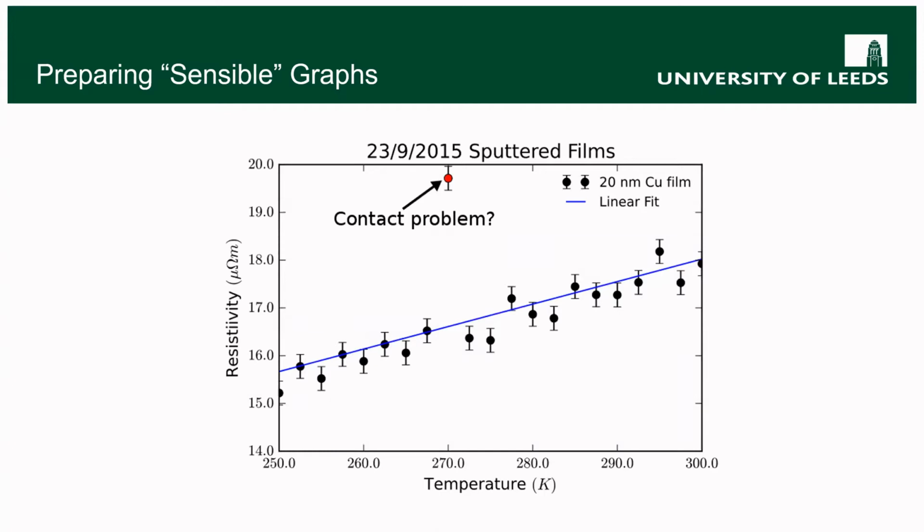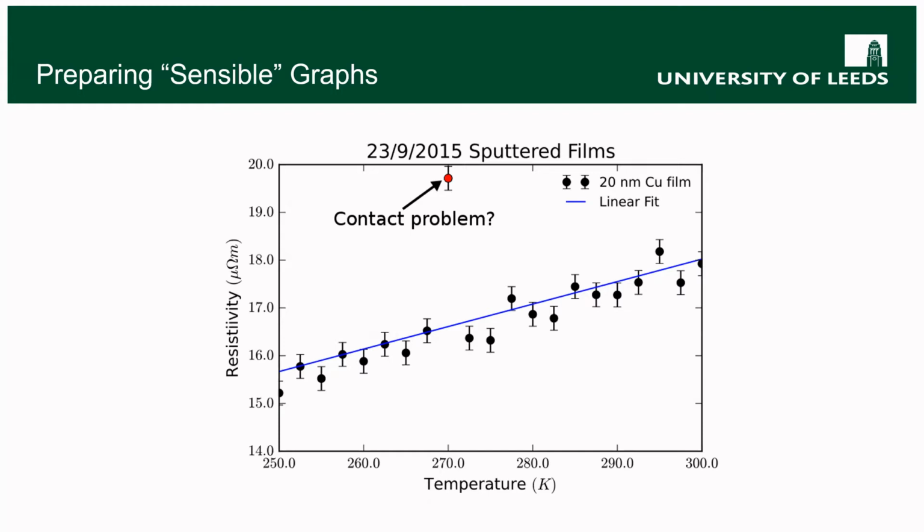Here's the same data, but now with a slightly more sensible way of presenting it. First of all, we can see that the axis labels are now numbers of a reasonable size.